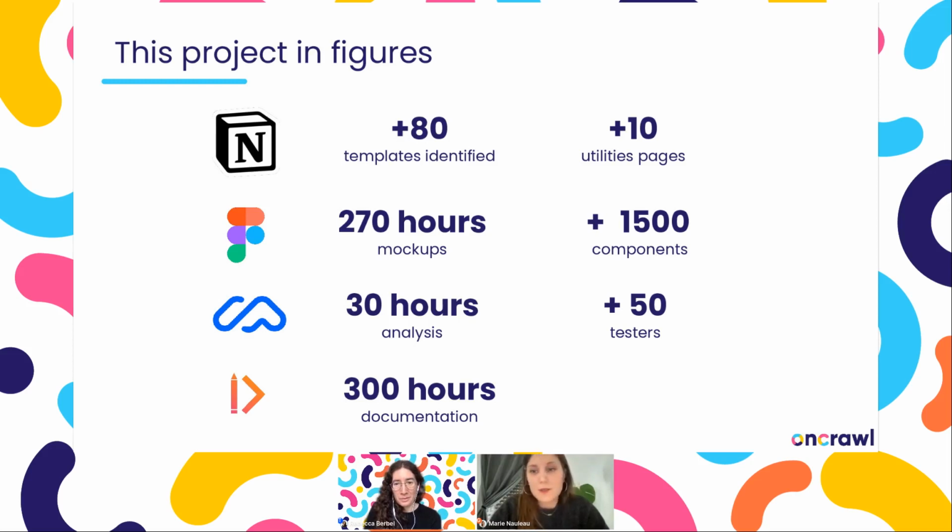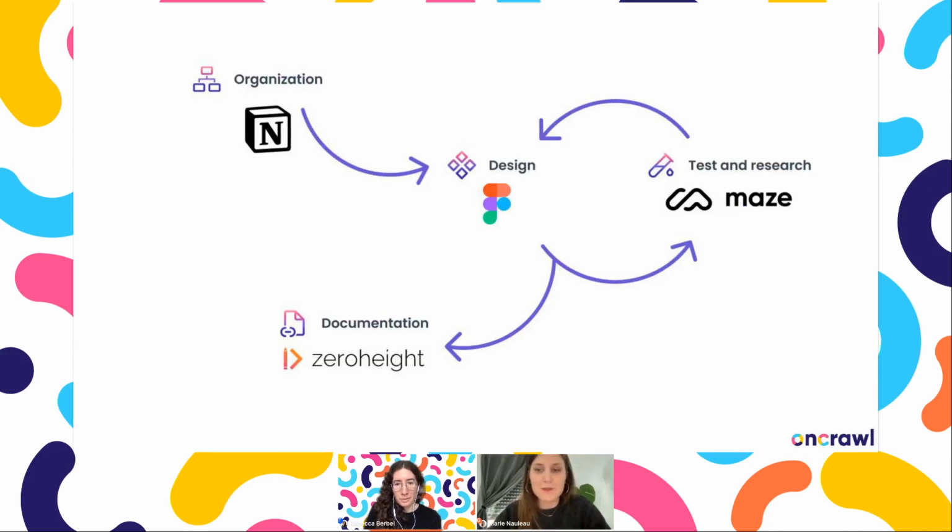The second is Figma, a design tool to prototype our ideas. Then you have Maze. Maze allows us to test our prototypes with some volunteer users. And finally, the last one is The Right, our design system documentation tool.